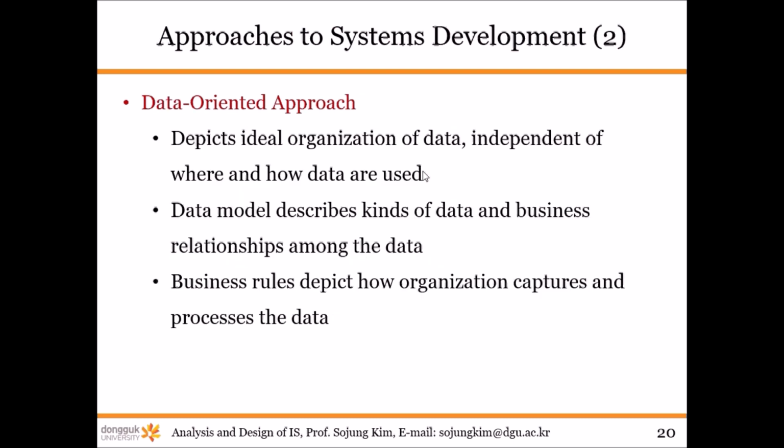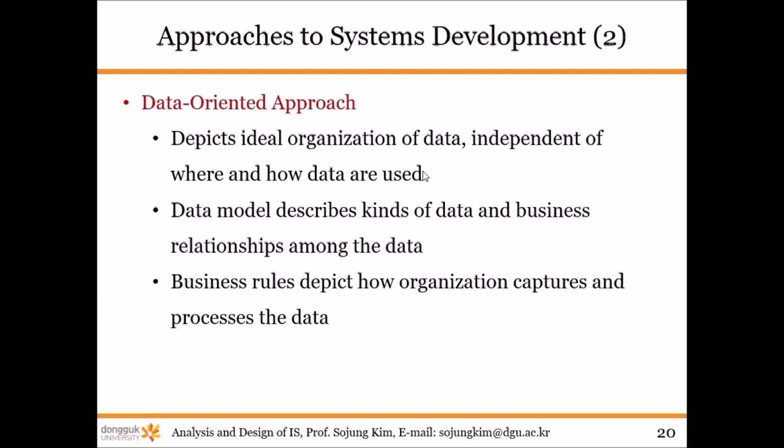Okay, and the next one is the data-oriented approach. Unlike the process-oriented approach, this approach depicts the ideal organization of data independent of where and how data are used. In this case, you can use a separate data management system. So the data model describes the kind of data and business relationships among data.